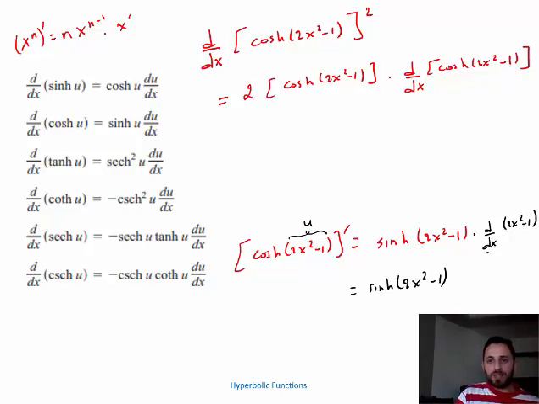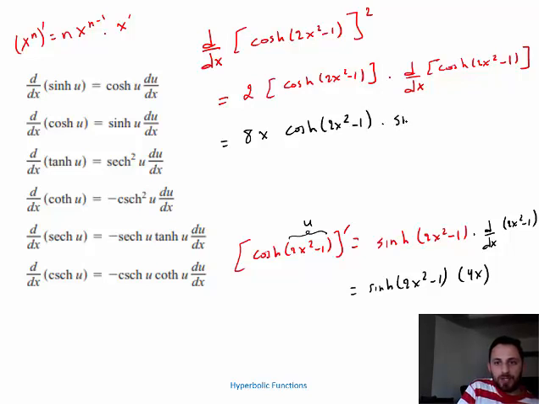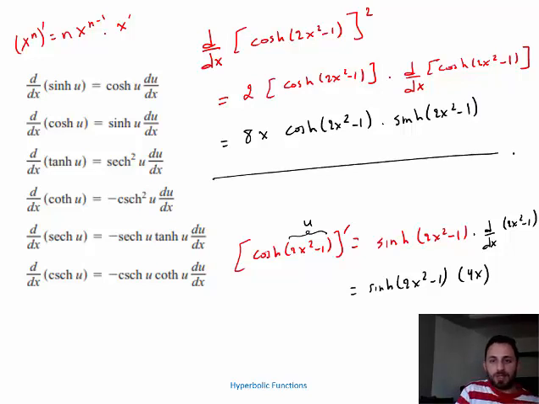The derivative of 2x squared is 4x, and minus 1 becomes 0. So we just substitute this. 4x multiplied by 2 is 8x cosh of 2x squared minus 1 multiplied by sinh of 2x squared minus 1, and that's it.